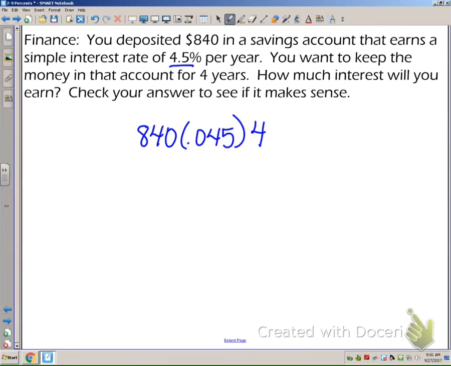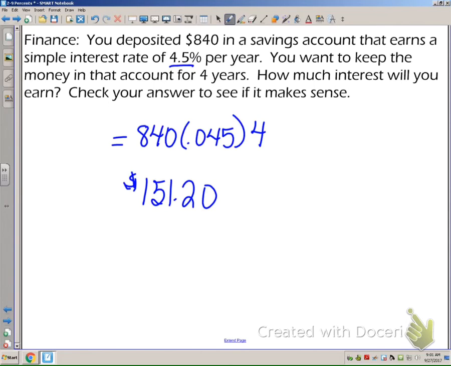Think back to the formula: I equals the principal amount times the rate times the time. If you multiply that out, you will get the amount, and that amount is $151.20.